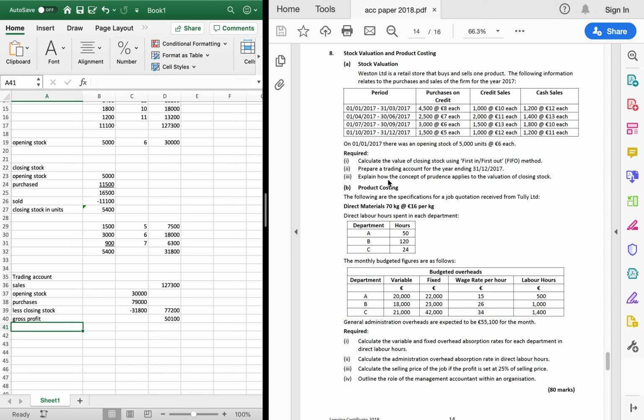So what does it say about stock? The prudence concept doesn't say anything about first in, first out. We know from published accounts, from our question 1, that the prudence concept says that stock must be valued at the lower of cost or net realizable value.